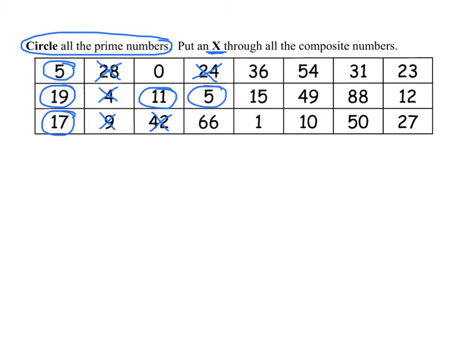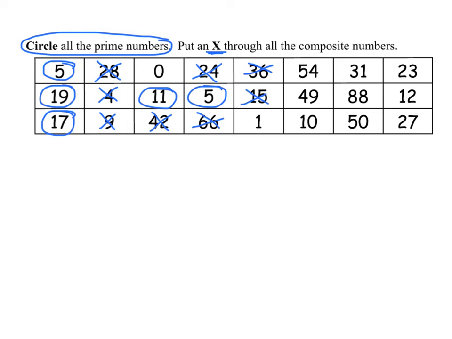Not sure why I have that one doubled up, but at least we know for sure that one's going to be prime. 66 is composite because I can do 2 times 33, 3 times 22, lots of different options. 36, there's lots of things like 4 times 9 to get 36, so that makes it composite. 15, I can multiply 3 times 5 along with 1 times 15, so that makes it a composite.